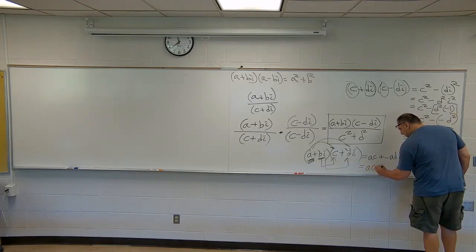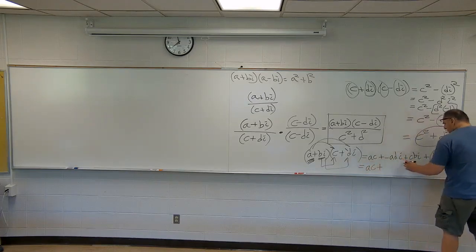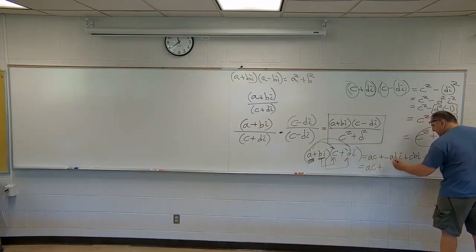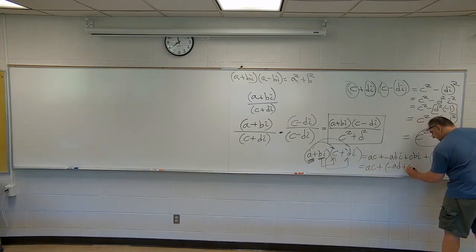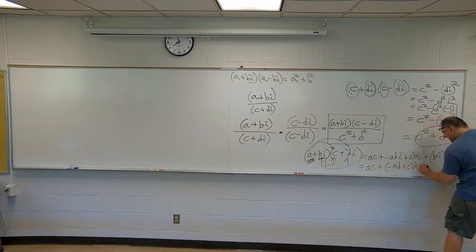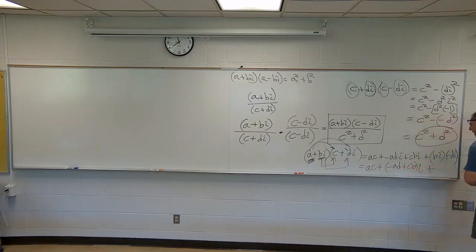We got ac. I can write this a number of ways, and they all mean the same thing, so we're not going to worry too much about it. b times negative d is negative bd. i times i is negative 1.